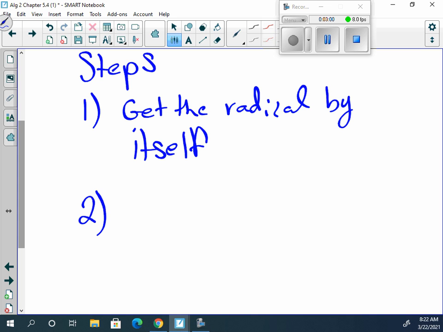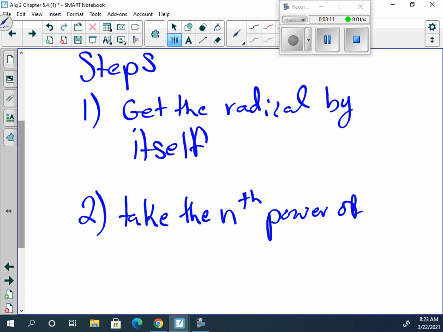Now, once we get the radical by itself, we want to take the nth power of both sides.